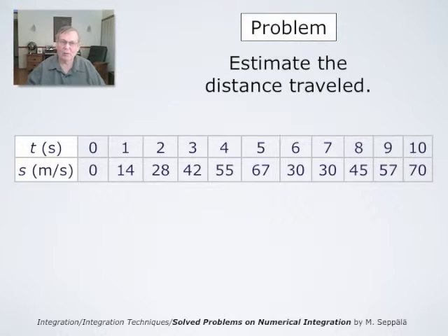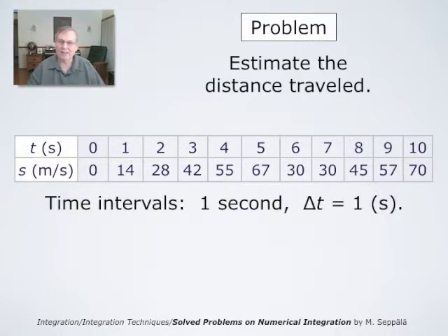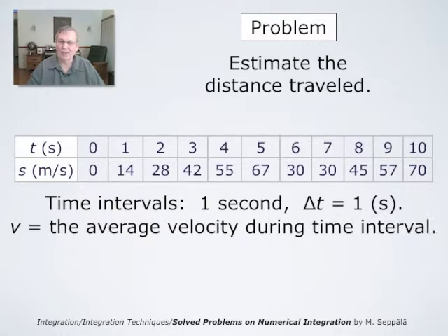In order to estimate the distance traveled, we first have to compute average speeds. The time intervals are 1 second long, so delta t is 1 second, and v is the average velocity during the time interval. During the first time interval, the car speeds up from 0 meters per second to 14 meters per second.